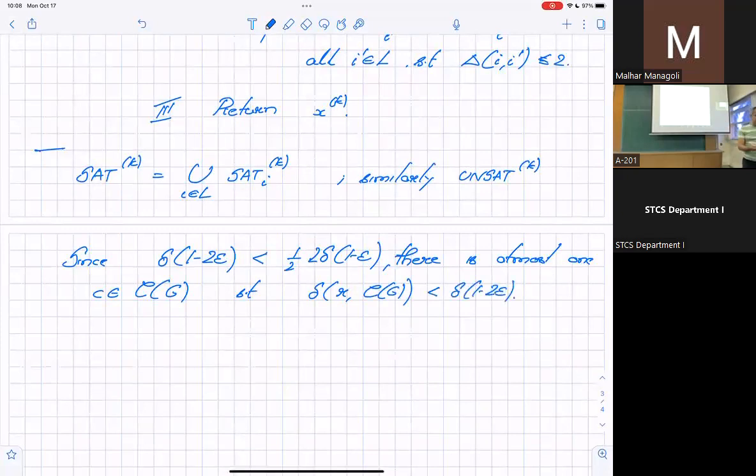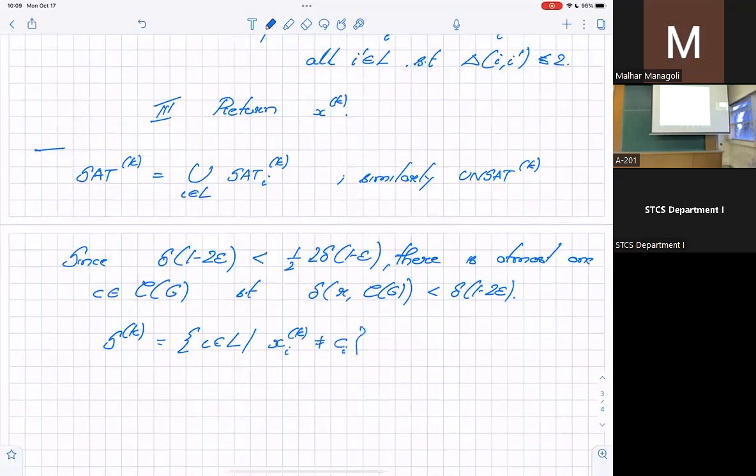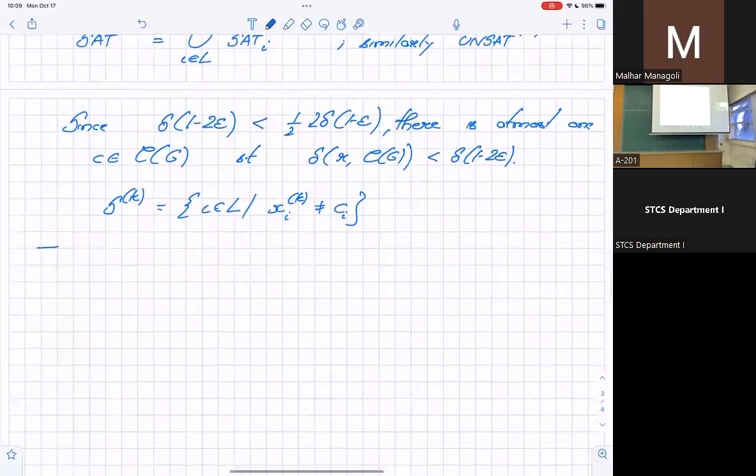Let's refer to that as claim 1, and let S_k be those i in L so that at the kth iteration x_k of i is not equal to T of L. Our final goal is that S_k when the algorithm terminates is the empty set, so you actually return the codeword.